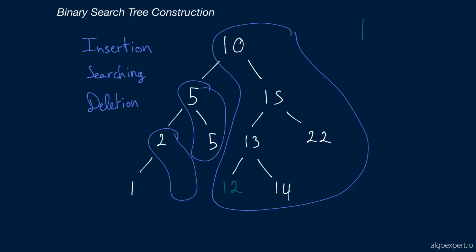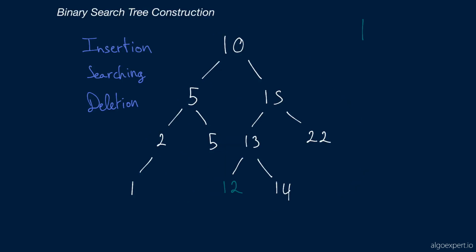So in a way, you can think of the removal method as first searching for the value. If you never find it, then you never have to do anything. But if you do find it, then you remove it and you have to do some additional functionality. So what happens when you do find it? You get to this 1, and 1 is equal to 1. You want to remove it.